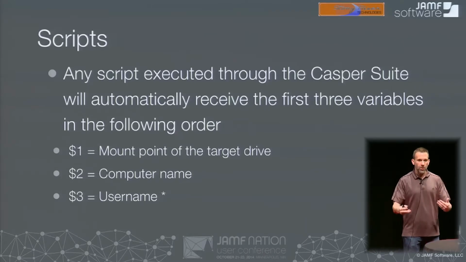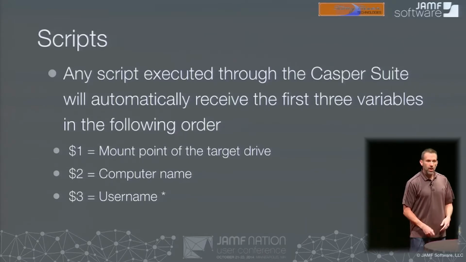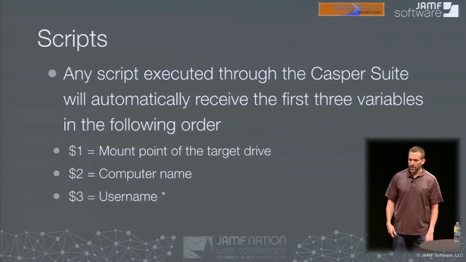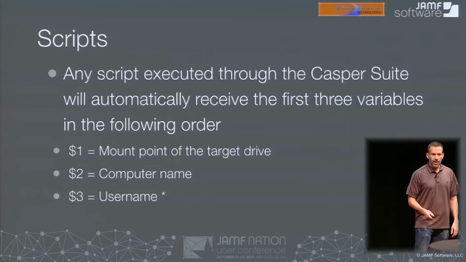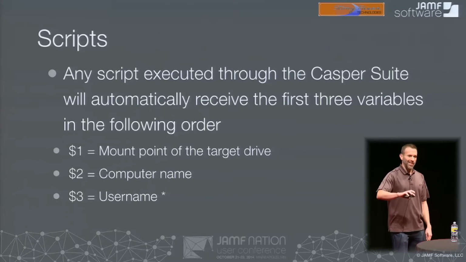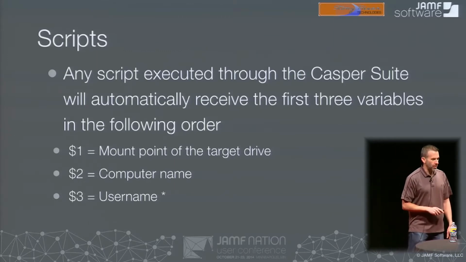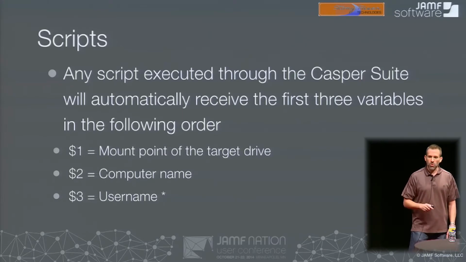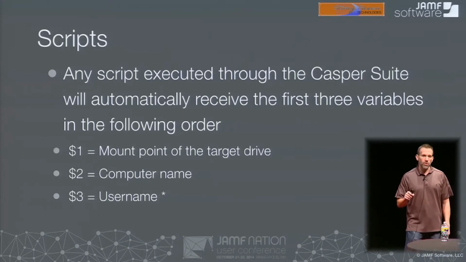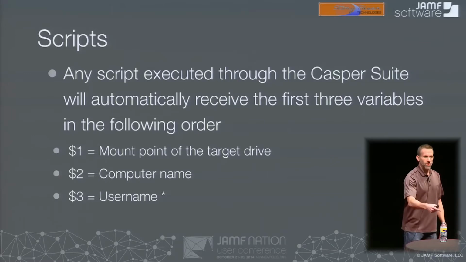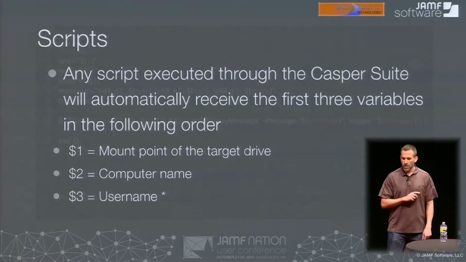Those are variables that you're sending into the script. The first 3 variables are already taken: mount point, computer name, and username, kind of. The username is actually required, so it will work only on login, or in self-service if the user is logged in to self-service.